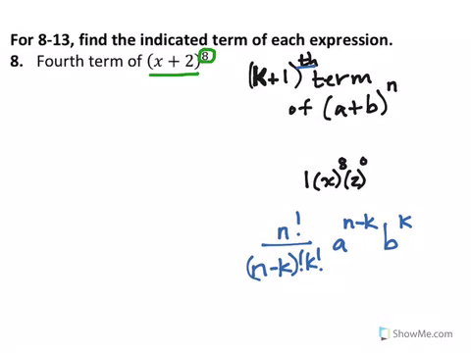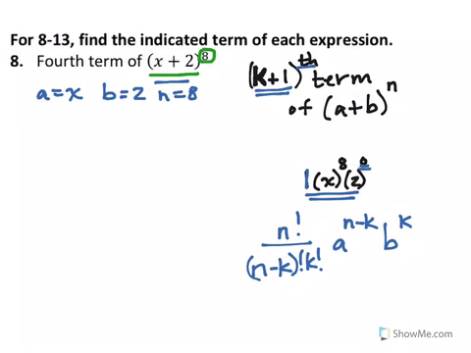It is the (k + 1) term rather than the k term, because notice on my very first term, in this particular expansion where a is equal to x, b is equal to 2, and n is equal to 8, when I plug it into the pattern using Pascal's triangle, I get 1 for my coefficient, and then a raised to the 8th and b raised to the 0.